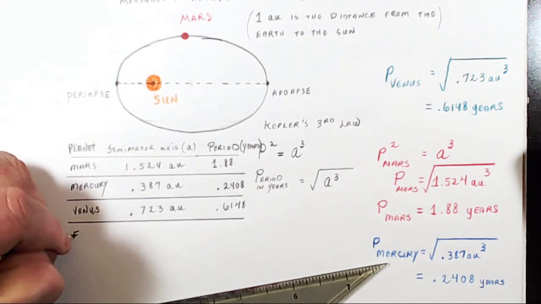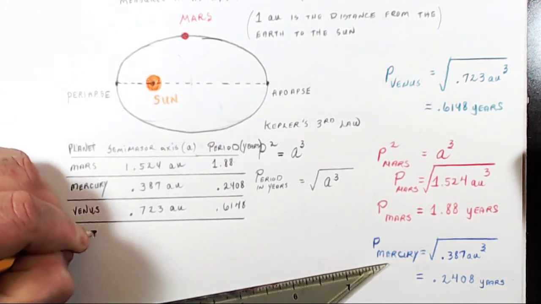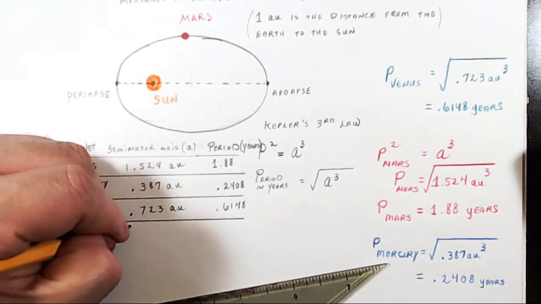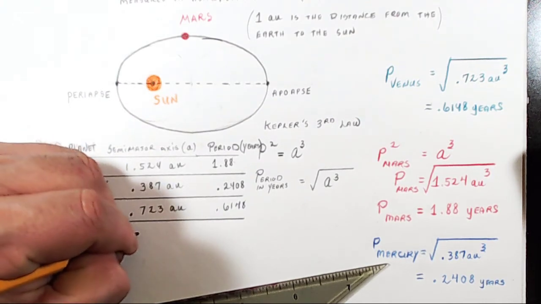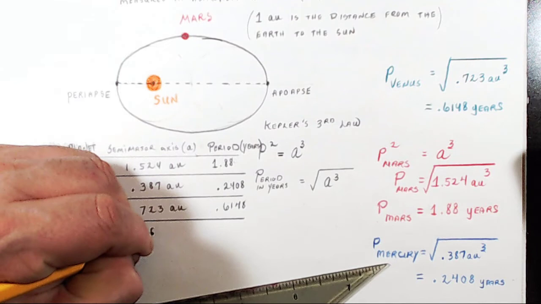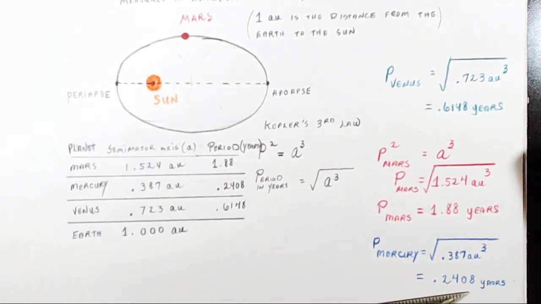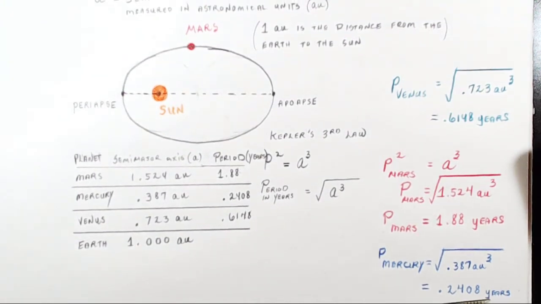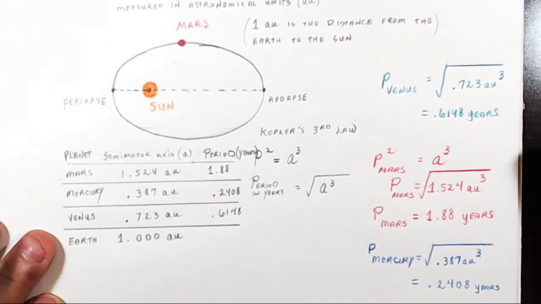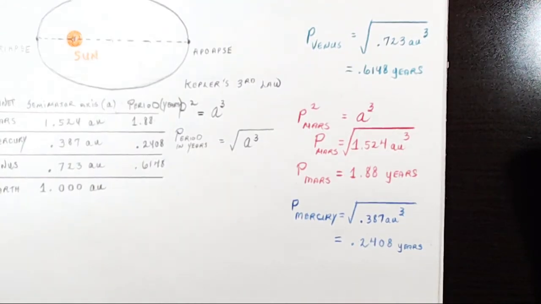So this is Earth. Earth is 1 astronomical unit. So if we plug Earth into our equation, and for Earth we'll use blue, because Carl Sagan called Earth the pale blue dot.